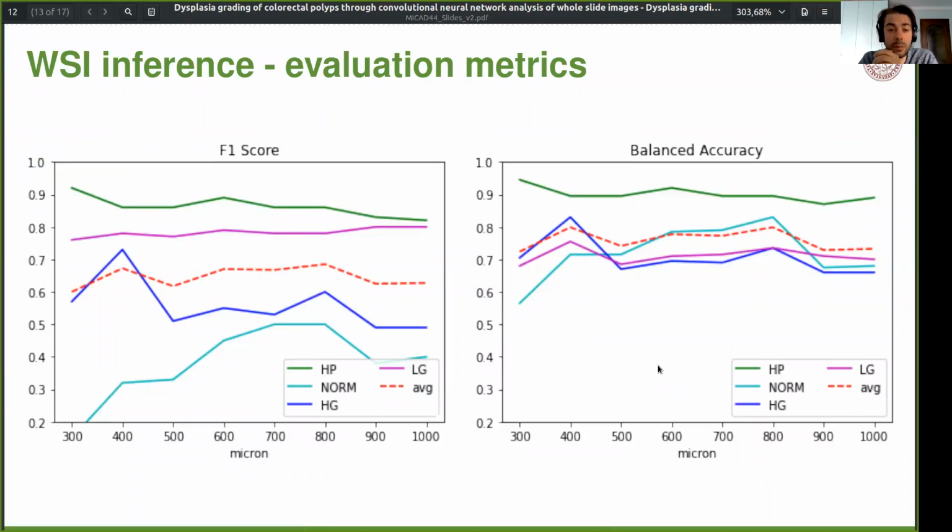But instead, by enlarging the physical resolution of the patches, we decrease in performance for other classes like high-grade dysplasia or hyperplastic polyp. So there is not a correct solution for each type of tissue.